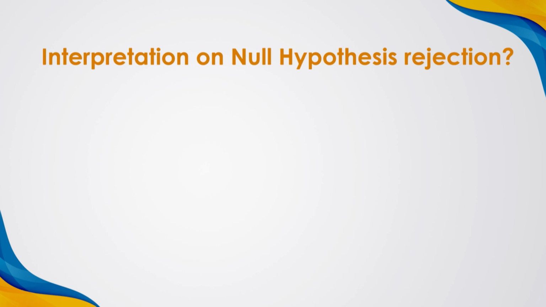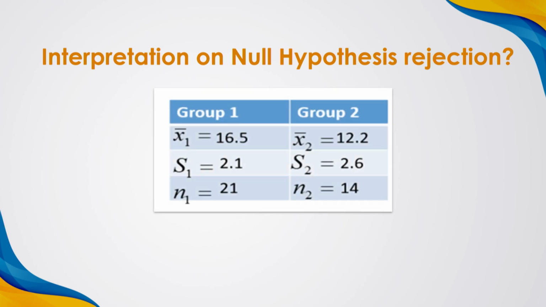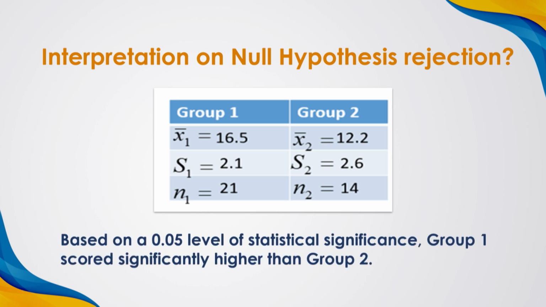The interpretation of the null hypothesis is that we reject the null hypothesis when there are two population means, and since the null hypothesis is rejected, there is a significant difference between the means of the two populations at 5% level of significance.